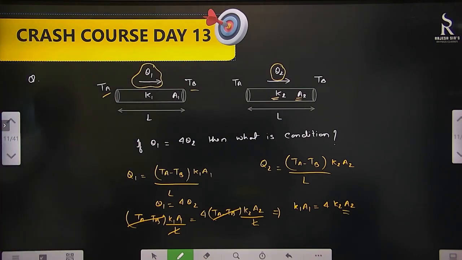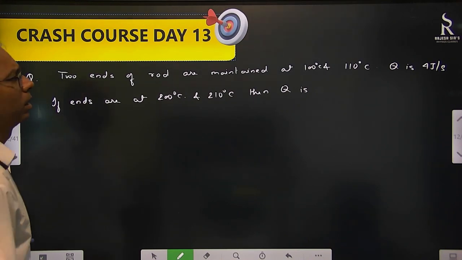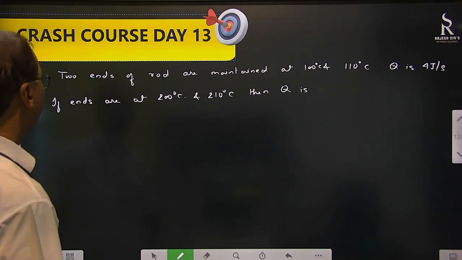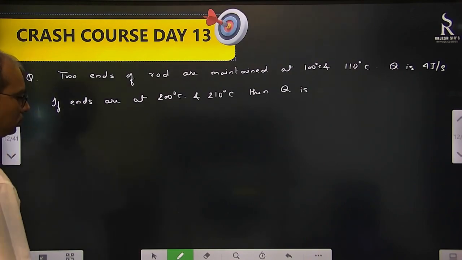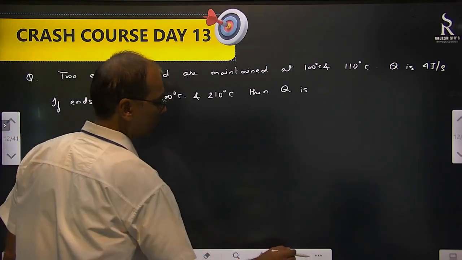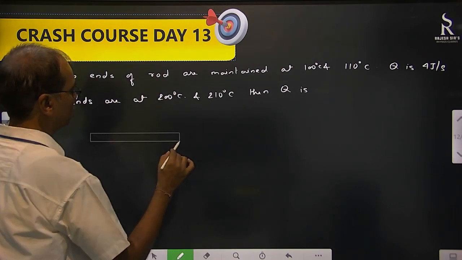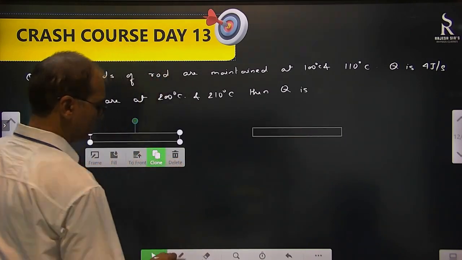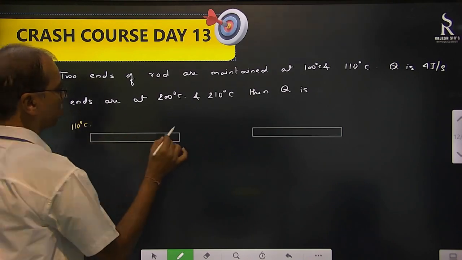Alright, what next? Two ends of a rod are maintained at 100 and 110. Then heat current is 4 joule per second. If ends are at 200 and 210, then what is Q? Okay. So this is the rod. In two cases, both we made. In the first case, this is 110 degrees centigrade and this is 100 degrees centigrade.